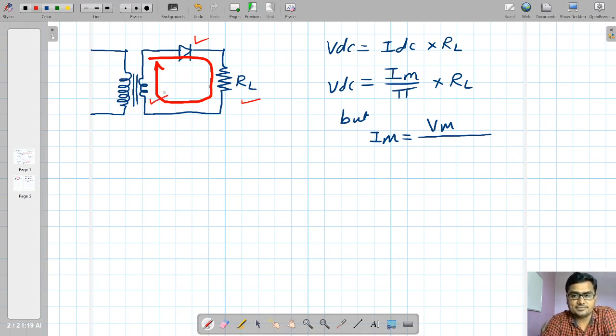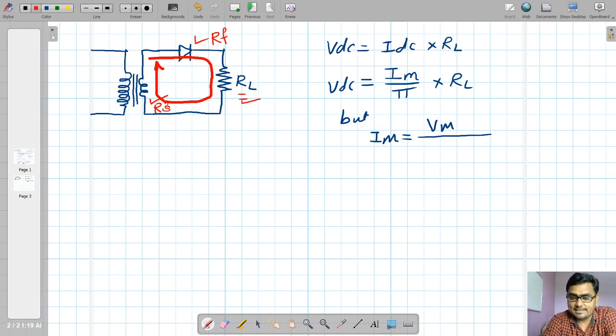So if Rf is the resistance offered by the diode when it is forward biased, RL is the load resistance, and Rs is the resistance offered by the secondary winding of the transformer, then what am I supposed to write?